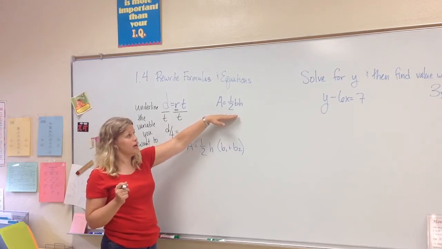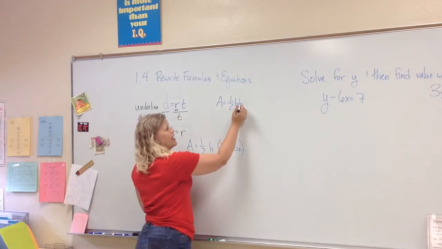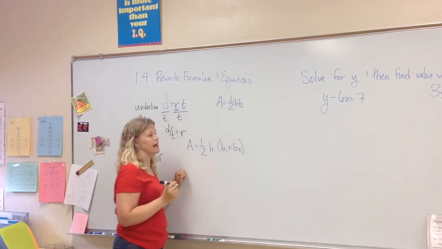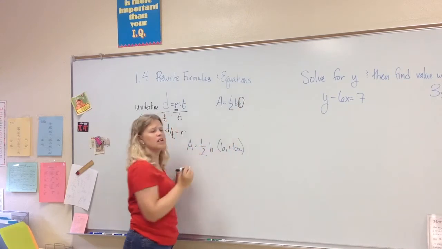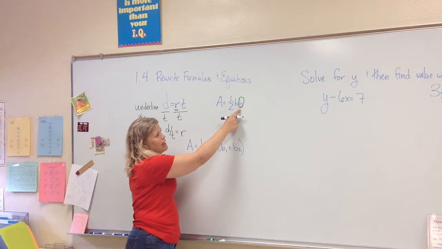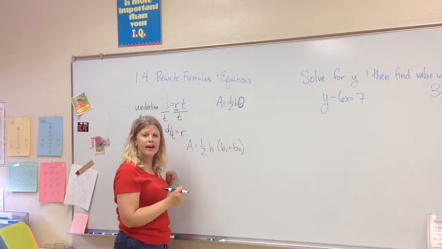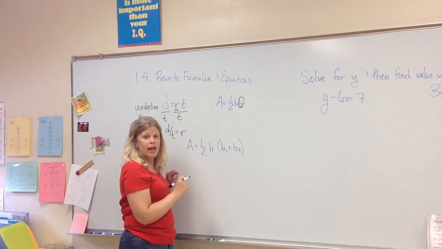We're doing area of a triangle, and this time I want you to solve for H. So I'm going to underline that. And maybe it would even be better to circle it than underline it. Maybe the lines are going to confuse you. What's with the H? Well, there's a B and there's a 1/2, and we want to get rid of that. How do you get rid of the 1/2?